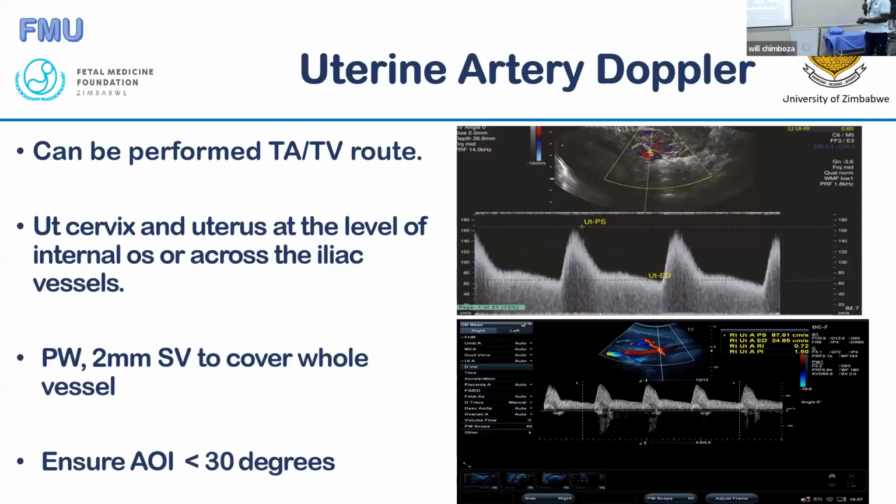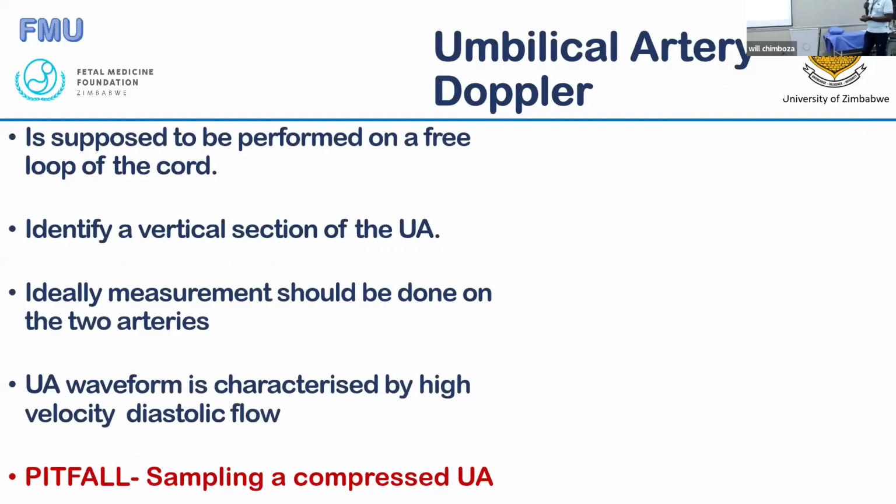Then you can see here, they are now like skyscrapers, whereby there's now a big distinction between the peak systolic and the diastolic. So the PI invariably increases. But remember again, it has to be linked to the gestational age. All right. So that's the uterine artery Doppler.